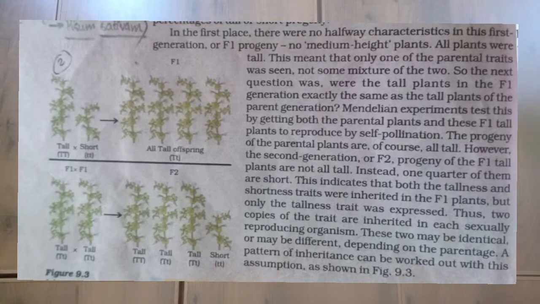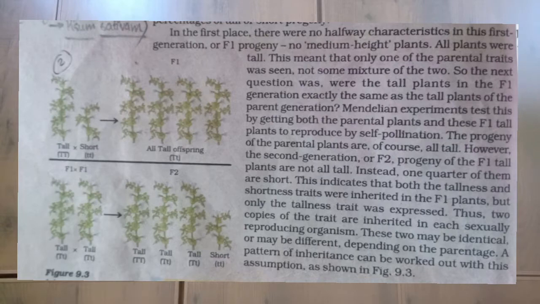So the question arises, were all the tall plants in F1 generation exactly the same as the tall plants of the parent generation? We will be examining this in detail. Mendelian experiments test this by getting both parental plants and these F1 tall plants to reproduce by self-pollination.